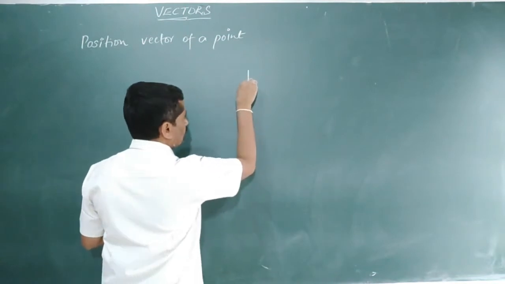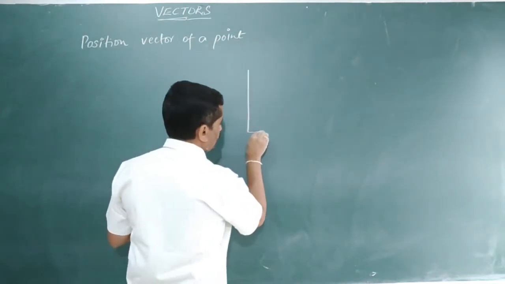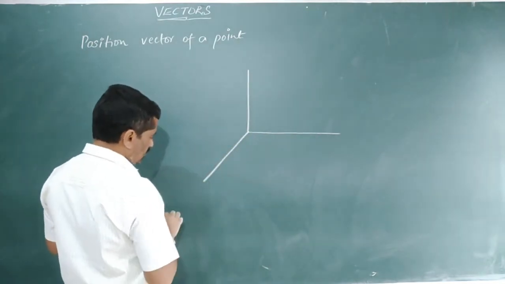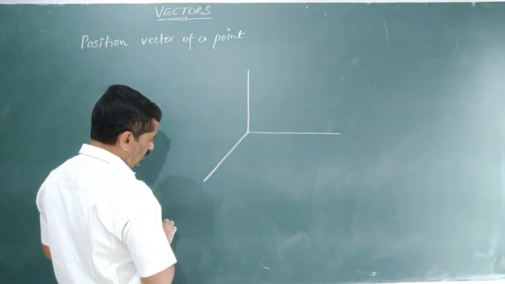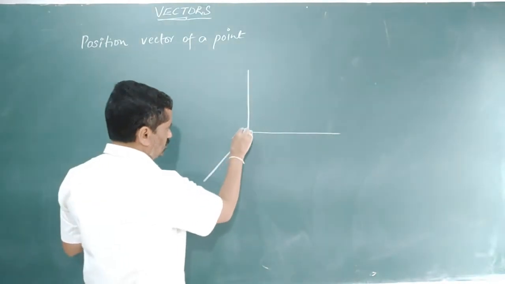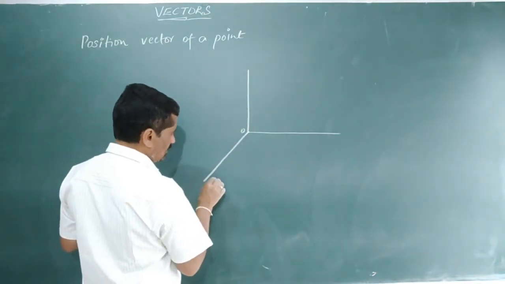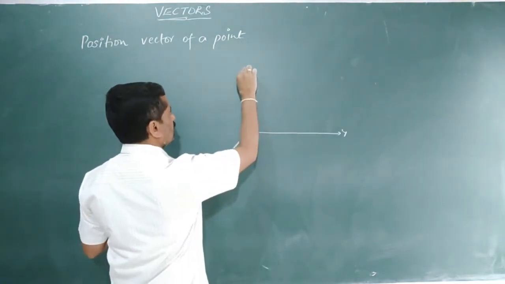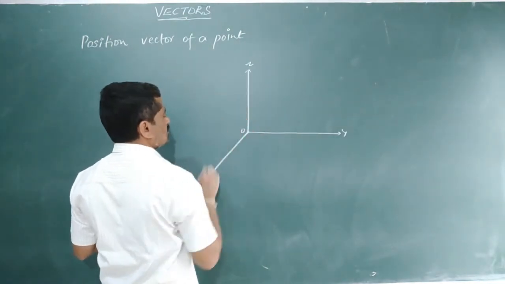Here it is a three-dimensional coordinate system. So this is origin, x-axis, y-axis, and then we have z-axis.